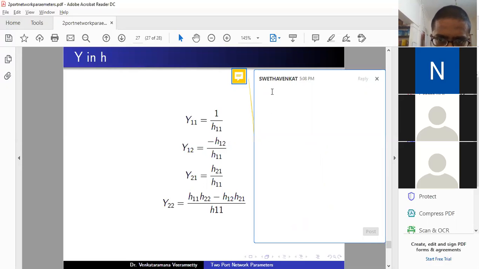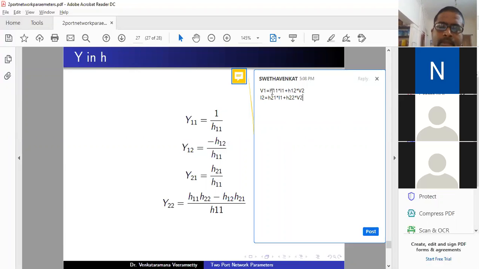V1 equals H11 multiplied by I1 plus H12 multiplied by V2, right? And I2 equals H21 multiplied by I1 plus H22 multiplied by V2.